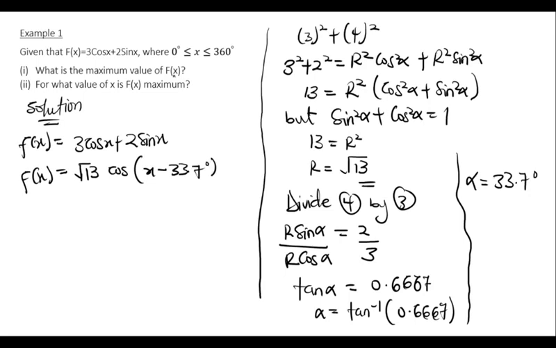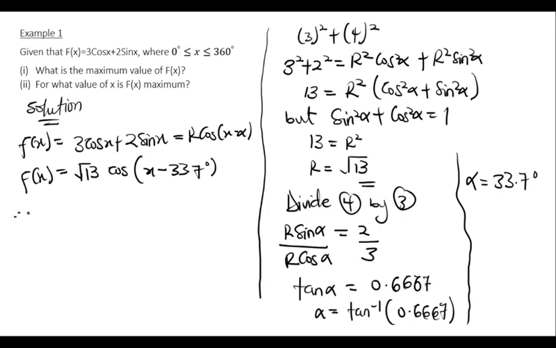Remember, we said this should be reduced to the form r cos of x minus alpha, and that is what we've done over here. We found the r to be root 13 and then the alpha to be 33.7 degrees.